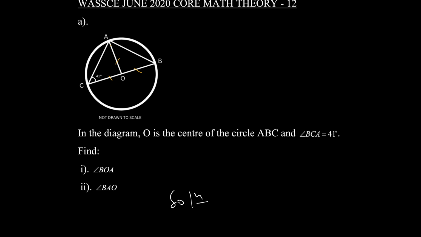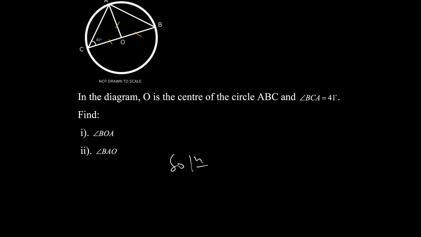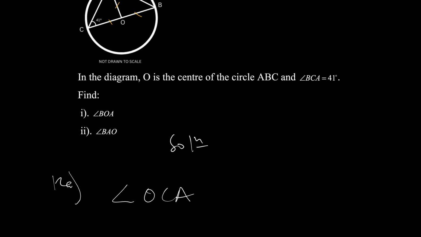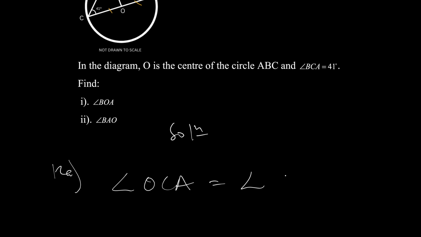So we have two isosceles triangles, this and this. For an isosceles triangle, the base angles are the same. And so we can say that the angle OCA is equal to the angle OAC, which is equal to 41 degrees.